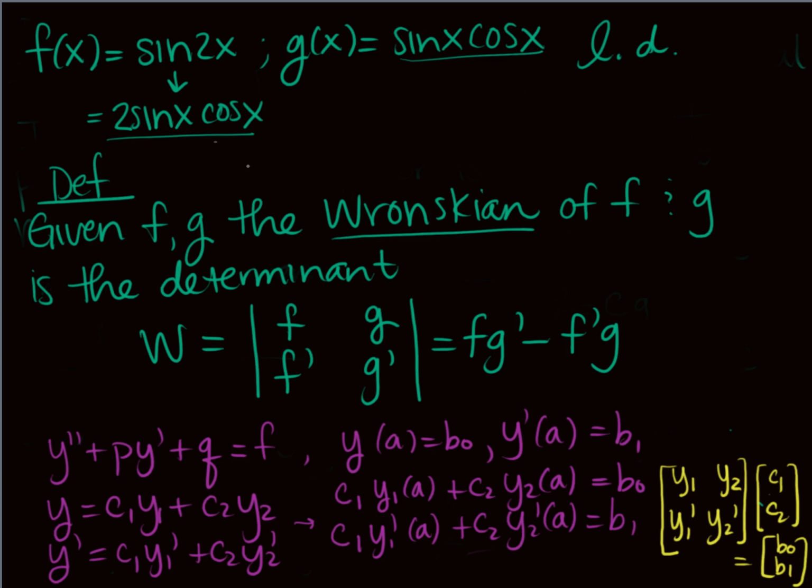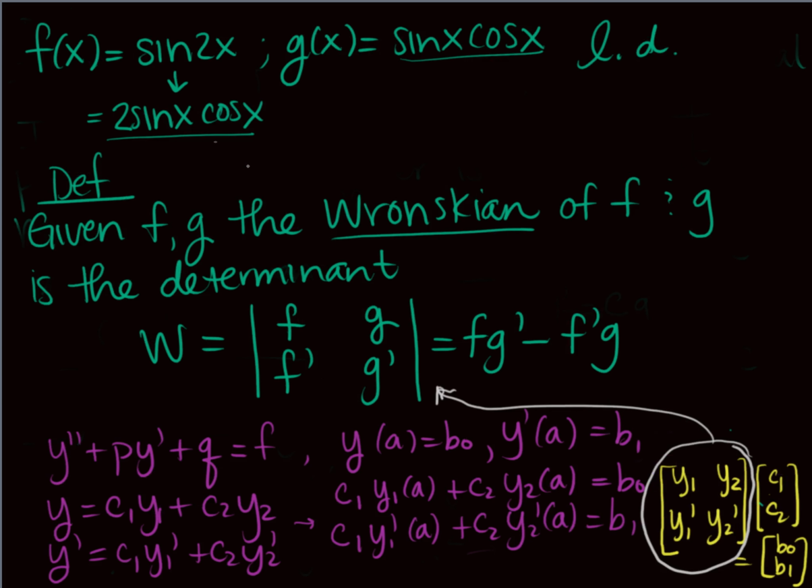I'm sorry if I'm being a little vague about that, but we just don't have a whole lot of time to go into it. But this is basically the Wronskian right here. And if we can find that the determinant is not 0, then we have shown that these functions right here are linearly independent, okay? We're not going to get any free variables, stuff like that, for my linear algebra folks. I'm sorry, I keep talking about my linear algebra folks. But that's kind of where the Wronskian comes in.